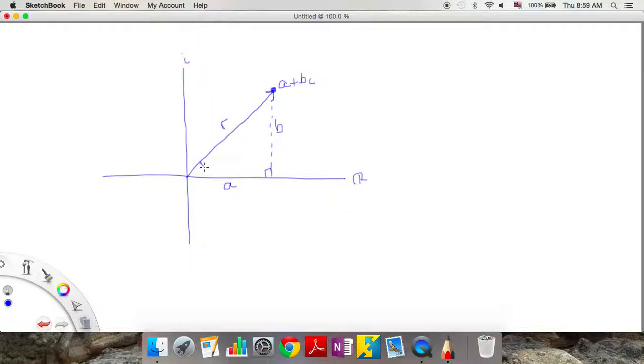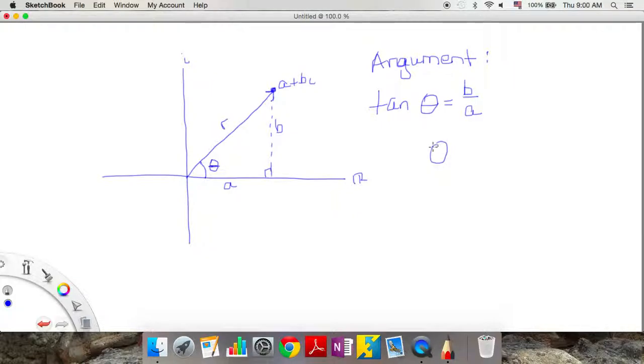Now you can also have this angle here, which is the angle from the positive real axis, and it's called the argument. The argument is theta. And if you look with your trig, we know that the tangent of theta is opposite over adjacent.